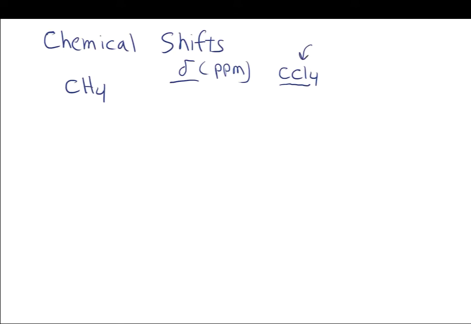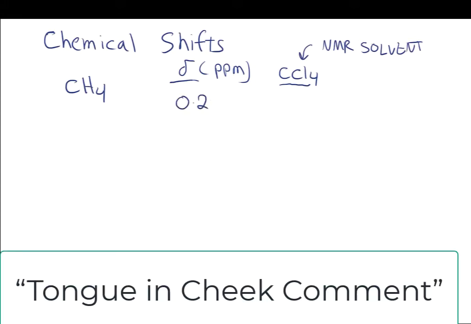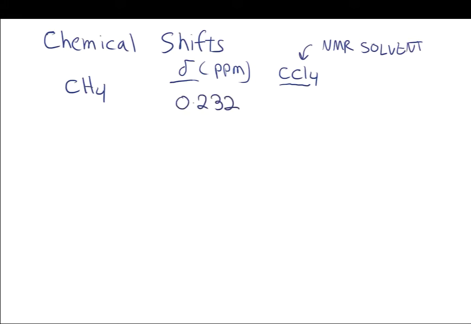Let's look at the chemical shift of a series of compounds that differ by the amount of bromine on the carbon. So making a little table here, we'll have chemical shift, and I looked these values up on the internet, so they must be right. And I found values that are rather old because I used carbon tetrachloride as the NMR solvent.